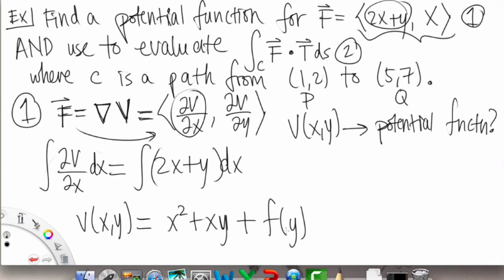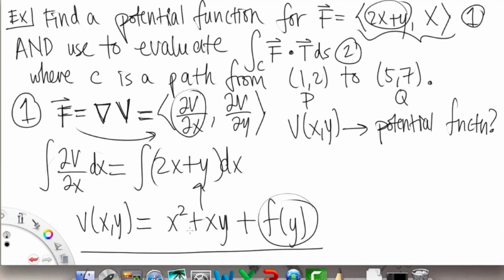Because if you think about it, if you go the other way and look at this potential function, and you're differentiating only with respect to x, then we would just go backwards to this, and whatever y terms we have are just considered constants, so those would go away when you differentiate. But anyways, this is very important.